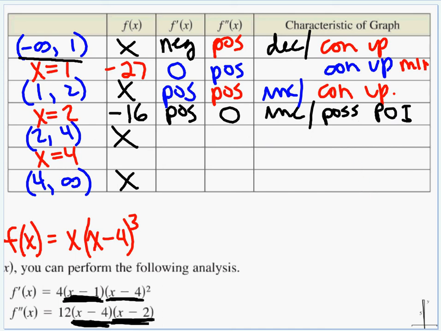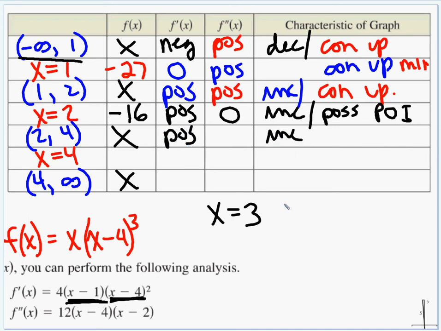All right, next interval, 2 to 4, let's use x equals 3. If I put 3 here, 3 minus 1 is positive. This quantity squared is positive. So those multiply to a positive, and our function is increasing. And if I put a 3 in the second derivative, 3 minus 4 is negative, times 3 minus 2 is positive.